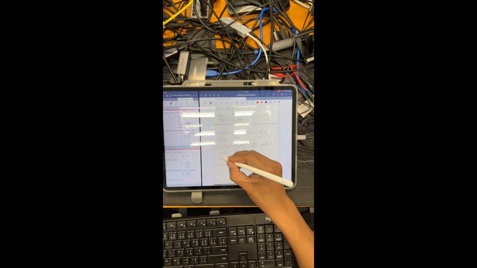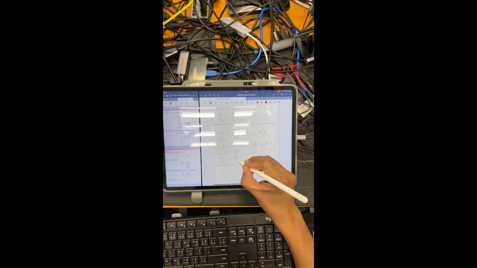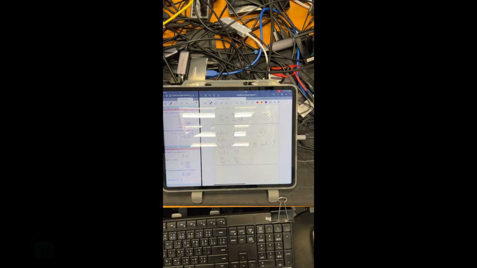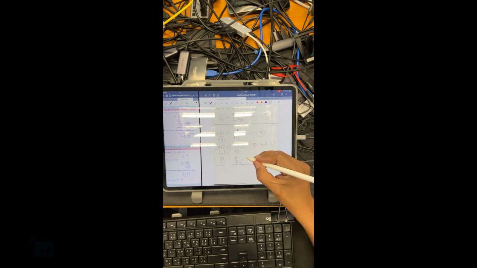So from equation number 3 we have W1 by W2 equals F1 by F2, which is A1 by A2. And from the relation, delta Y1 by delta Y2 is from equation number 4, it's A2 by A1.